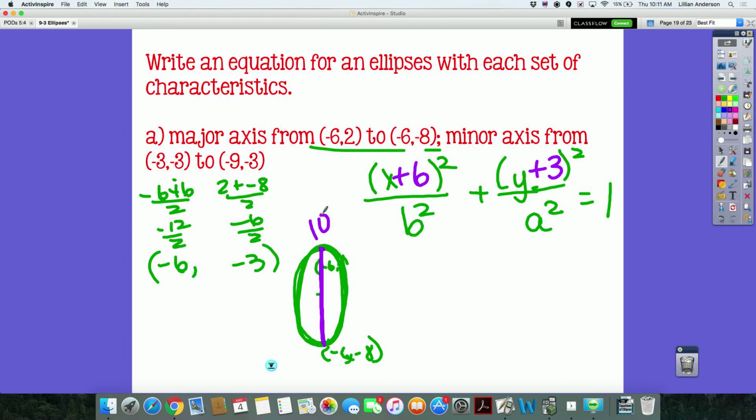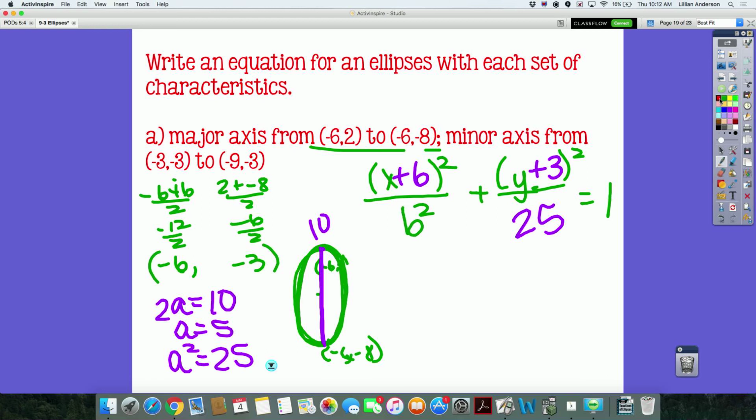Basically just find the distance between those two points. Because our major axis is equal to 10, that means that 2a will equal 10. Dividing both sides by 2, a will equal 5. So then to plug it into our formula, a squared is going to be 25.